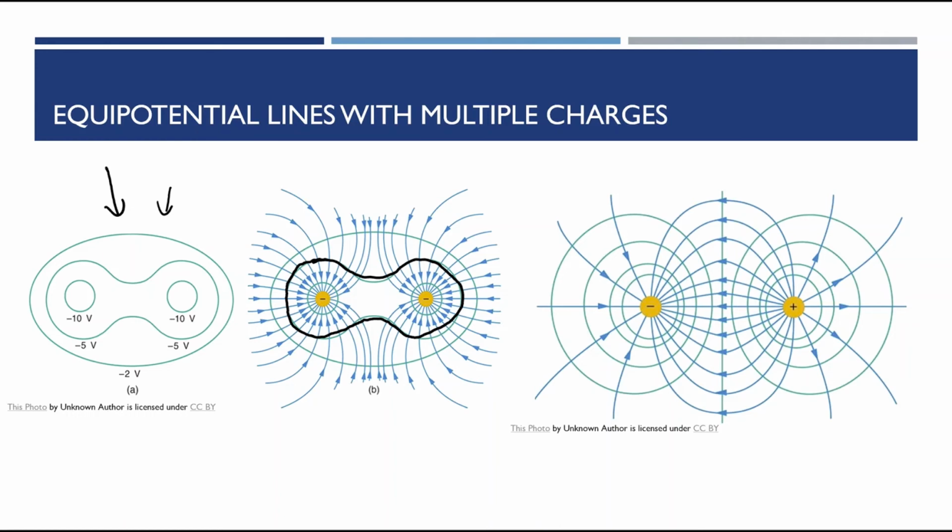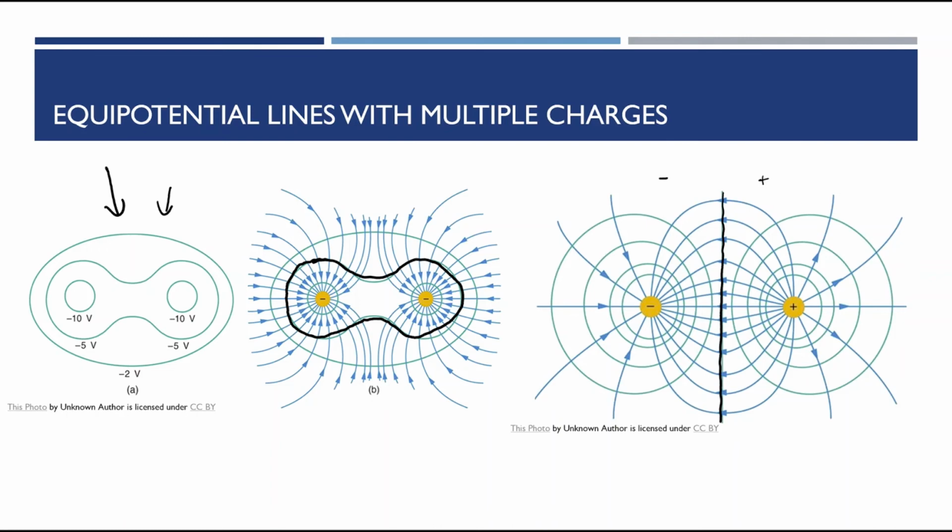But if we have two opposite charges, that sort of changes here to where we have these more oval looking equipotential lines. Notice how there's sort of like this barrier here. That's because we're going from a positive electric potential to a negative electric potential on this side because of the two different charges.